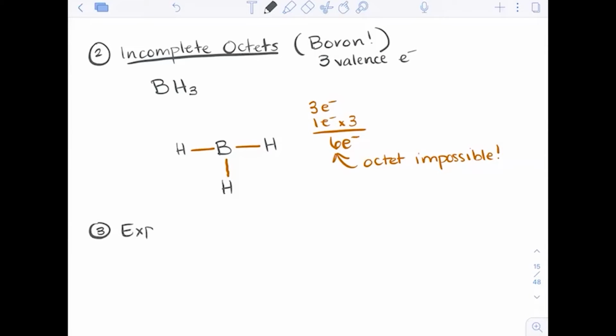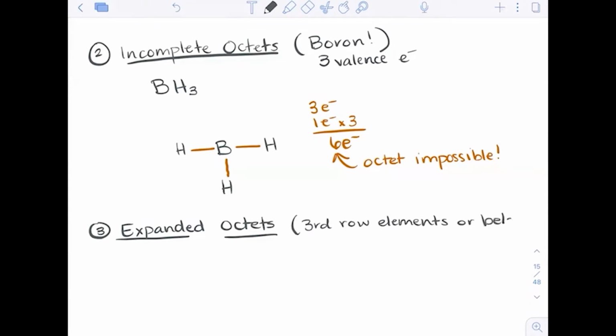Expanded octets also occur. Oh boy. With expanded octets, third row elements or below can expand their octet.